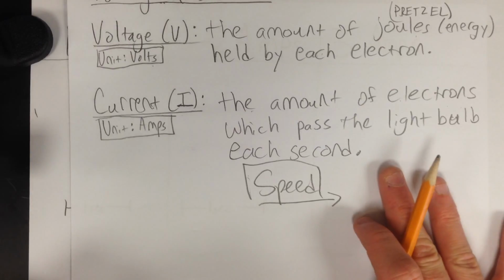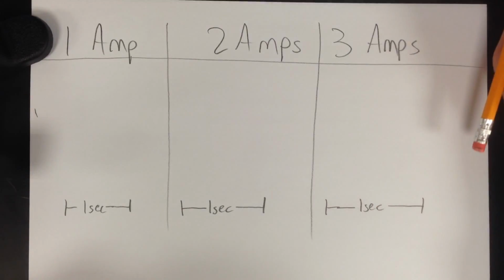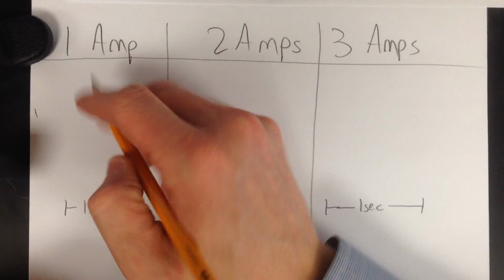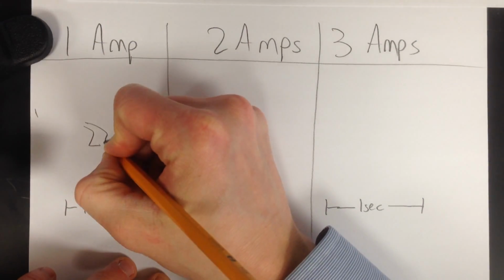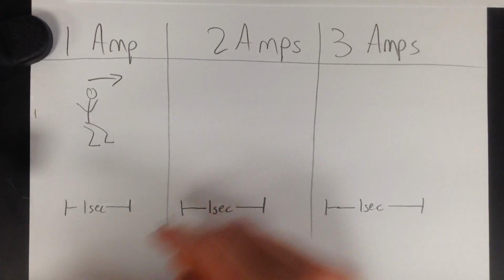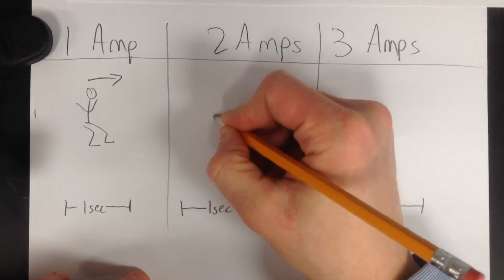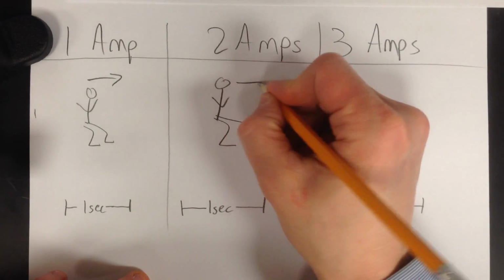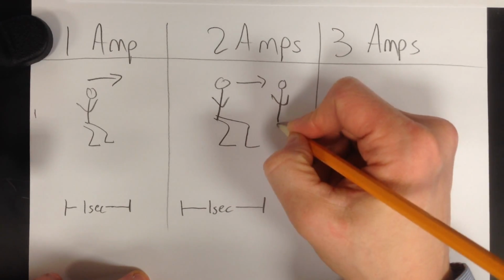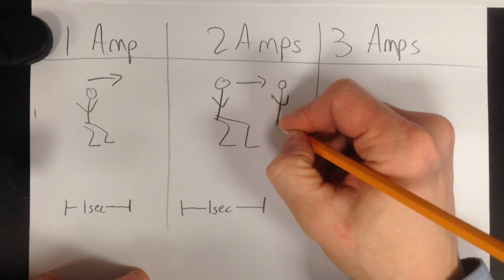So here's our diagram for current. If I have a 1 amp current, what that means is only one of these guys passed in a second. But if you're moving faster, so fast that 2 electrons can pass in a second, that's 2 amps.